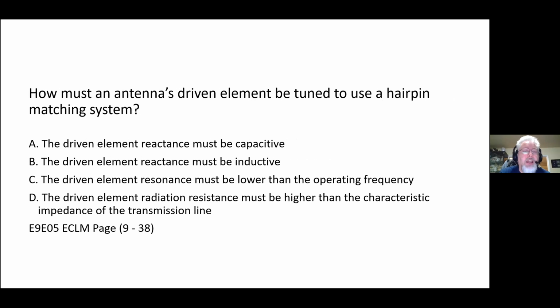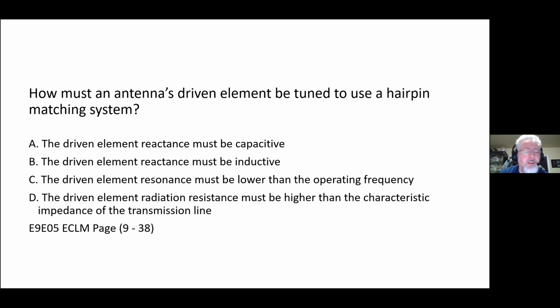How must an antenna's driven element be tuned to use a hairpin matching system? A, the driven element's reactance must be capacitive. B, the driven element's reactance must be inductive. C, the driven element's resonance must be lower than the operating frequency.